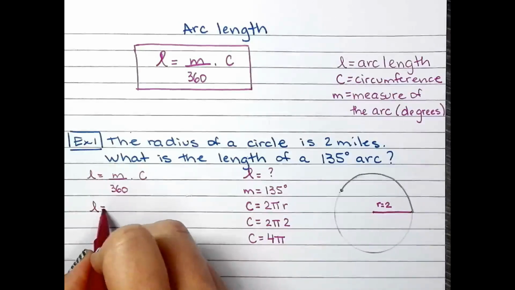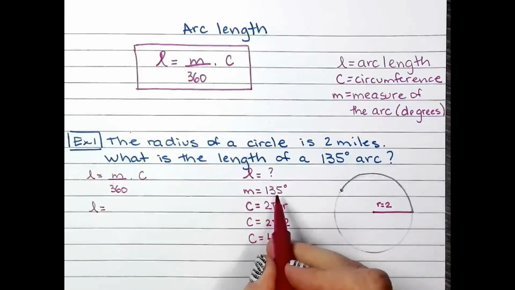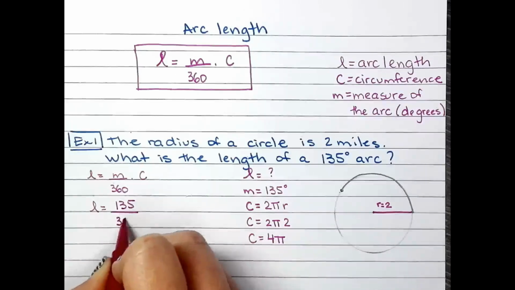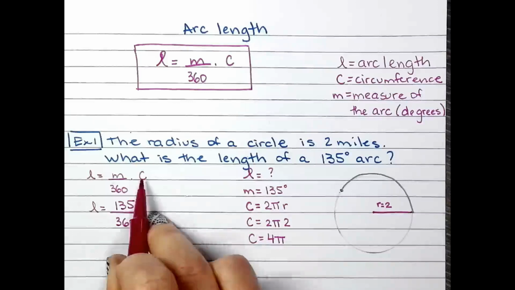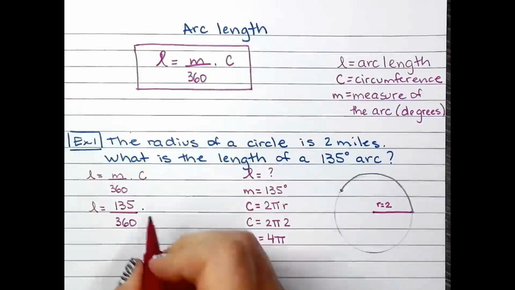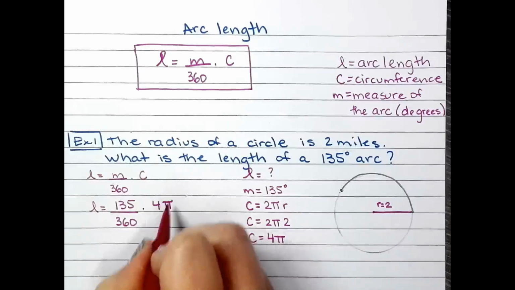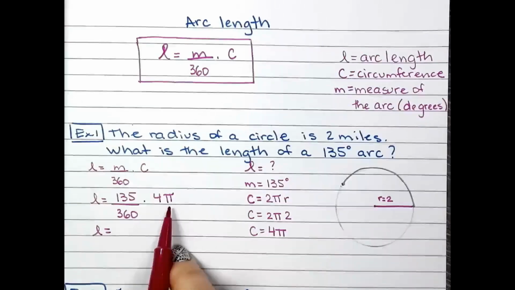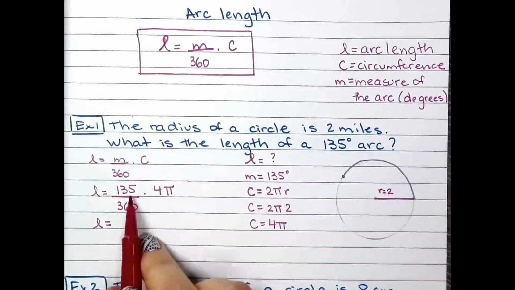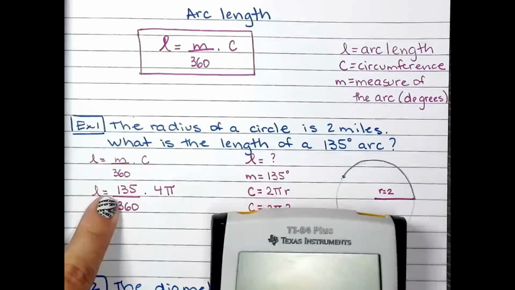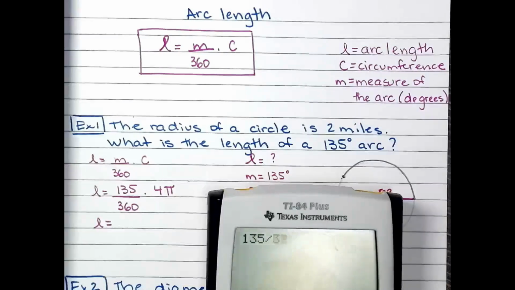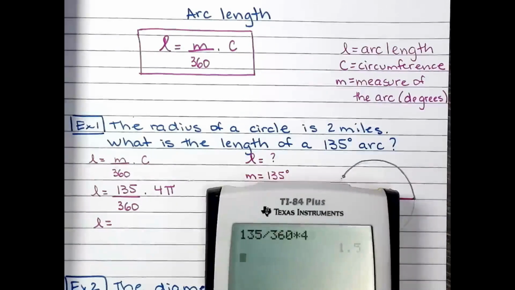So L equals M. M is 135 because I have it right there, over 360. And C is 4 pi. Okay, so I'm going to leave this in terms of pi. So I would just do 135 divided by 360 times 4.